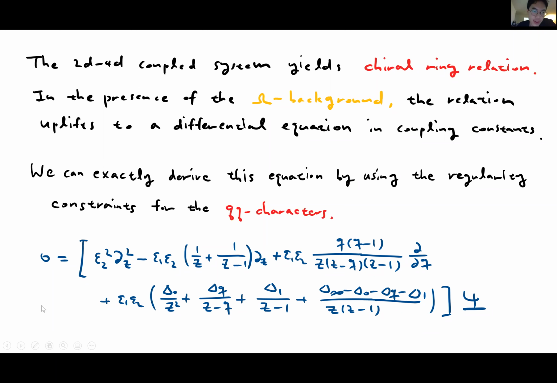And this is exactly this equation, the null vector decoupling equation. The point is that without using any CFT arguments, without using the AGT correspondence, this equation can be purely derived in the gauge theory context using the Higgs characters.